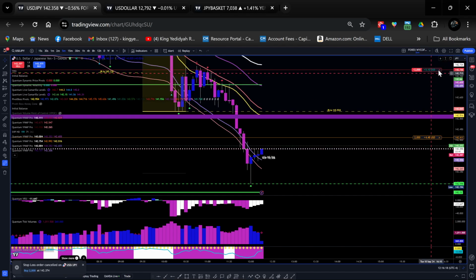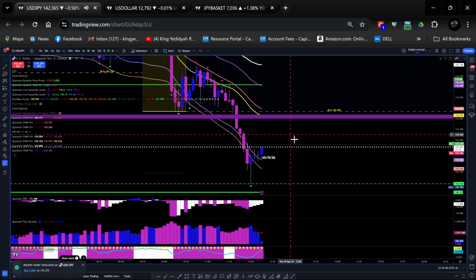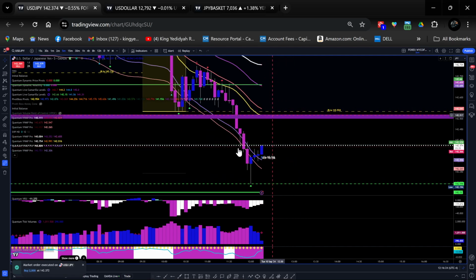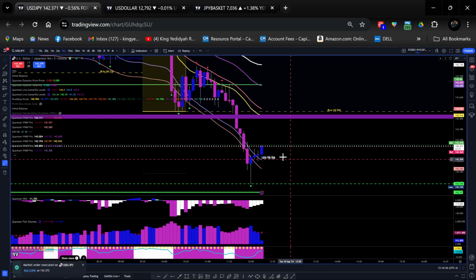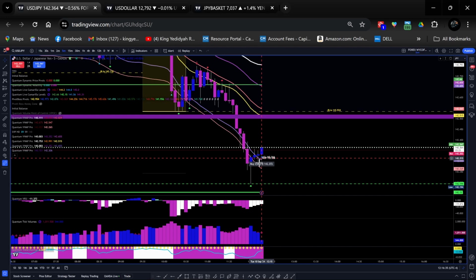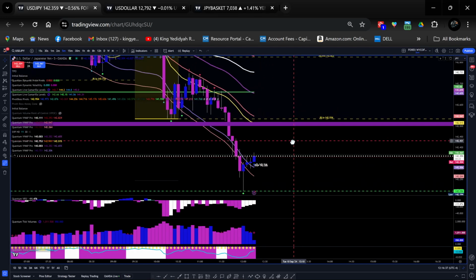So you know what? I'm going to take my profit right there because everything is setting up now for a reversal. So I just took profits here at 142.372. So yeah, that was the trade right there, man.